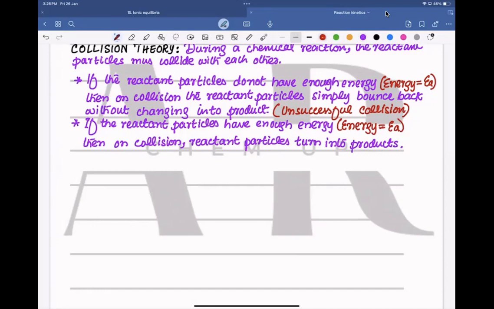And this kind of a collision, when the reactant particles turn into product, we call it effective collision or successful collision. Is this clear?